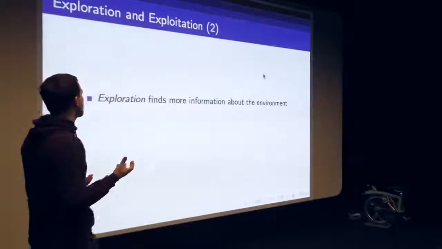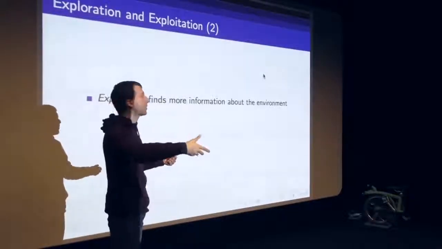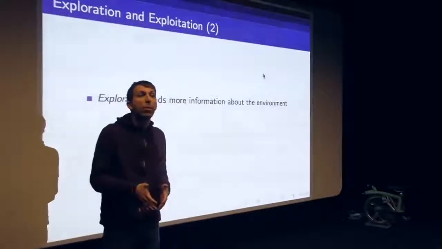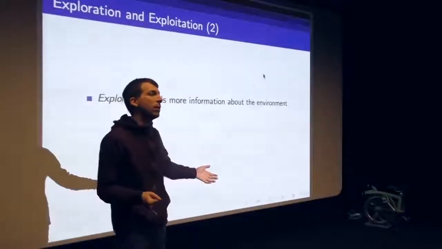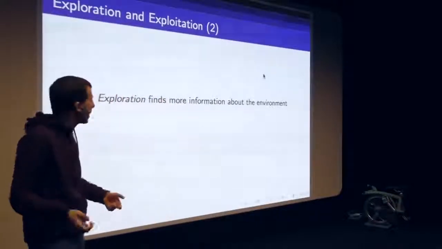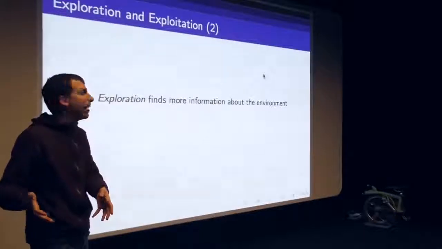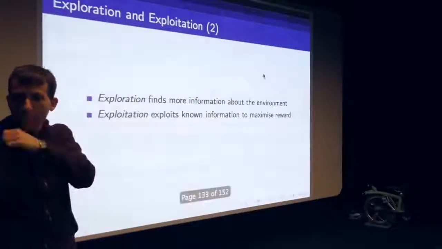In other words, exploration means choosing to give up some reward that you know about in order to find out more about the environment. Maybe you think, given everything you've seen so far, that by going left you'll get the most reward, but you haven't really explored right very much. And so maybe it's better to go right for a while, discover that there's a big treasure chest there, so that in the future you might end up getting a lot more reward in the long run.